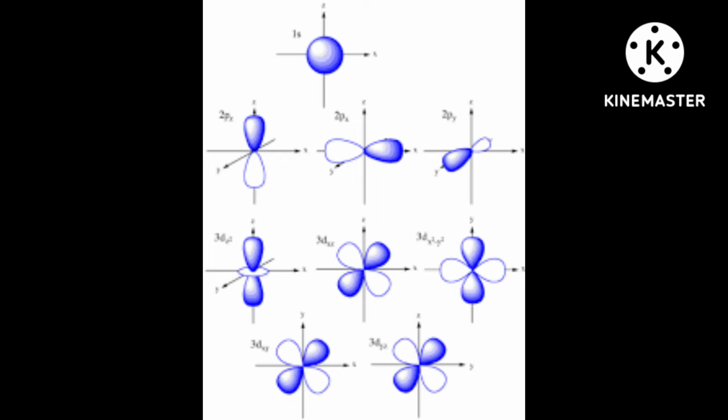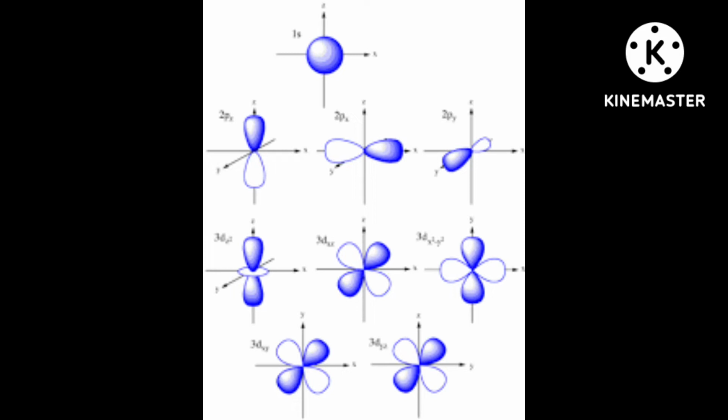Here you should know, if the probability density psi square is constant on a given surface, then psi is also constant over the surface. This is an important point.